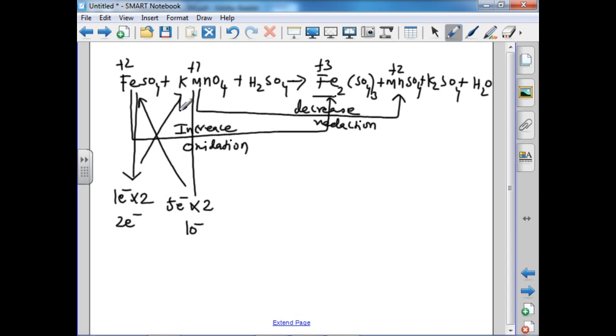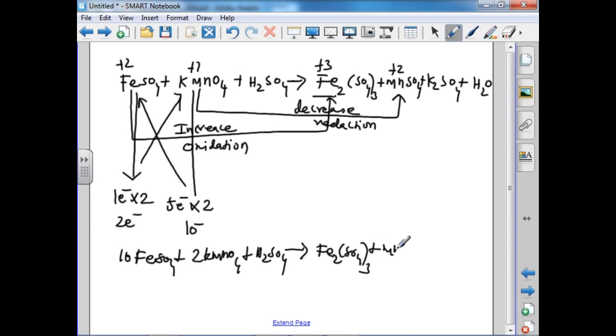So finally we get 10 FeSO4 plus 2 KMnO4 plus H2SO4 gives Fe2(SO4)3 plus MnSO4 plus K2SO4 plus H2O.